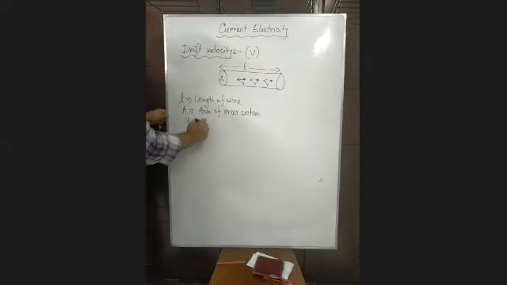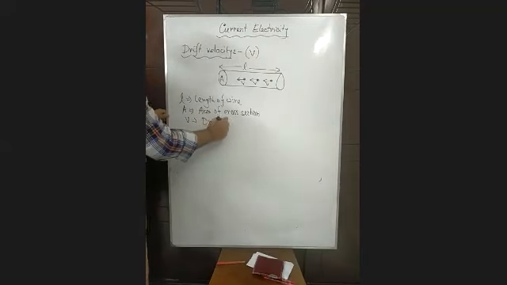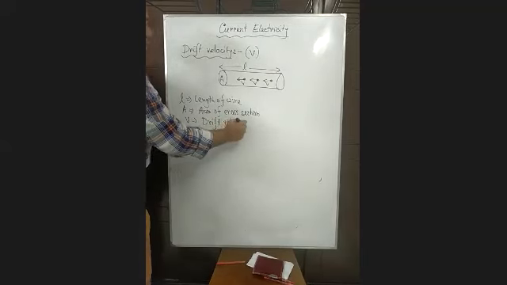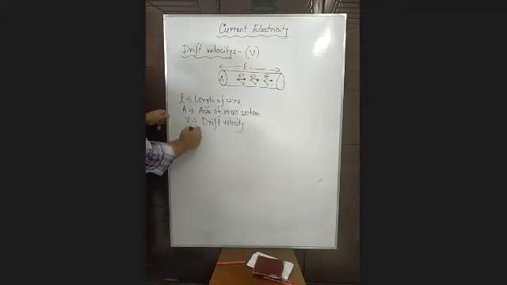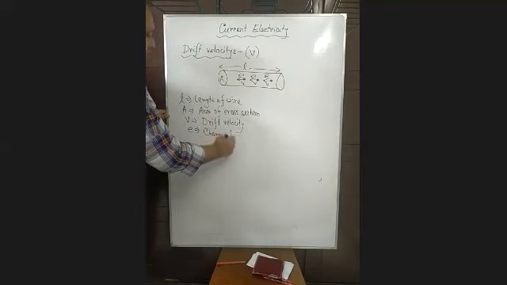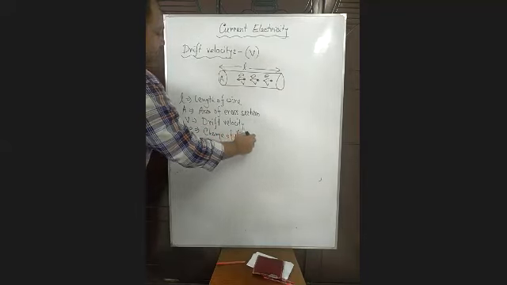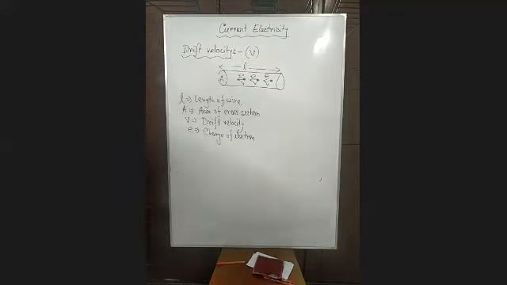So small v is the drift velocity. And e is the charge of an electron.